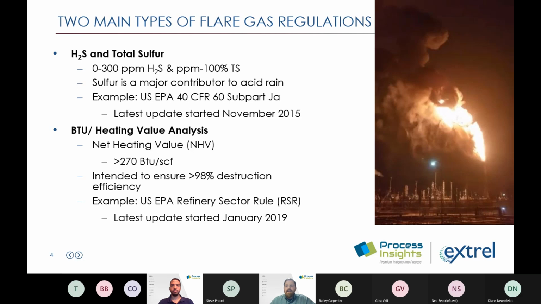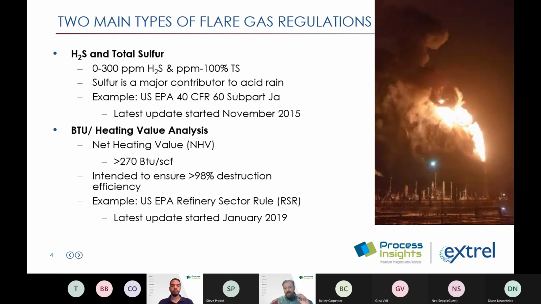By measuring the heating value and knowing the flow, that site is able to demonstrate to the EPA, per the regulation, that they're maintaining a combustion efficiency above 98%.